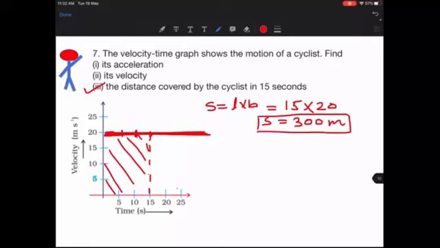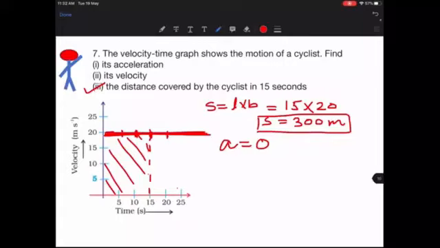At 10 seconds also the velocity was 20. 15 seconds also the velocity was 20. 20 seconds also the velocity is 20. So is the velocity changing? No, the velocity is not changing. Which means what? When the velocity is not changing, the acceleration is equal to 0, because you're not changing your velocity. So the acceleration is 0. Whenever there is no change in the velocity, the acceleration is 0.